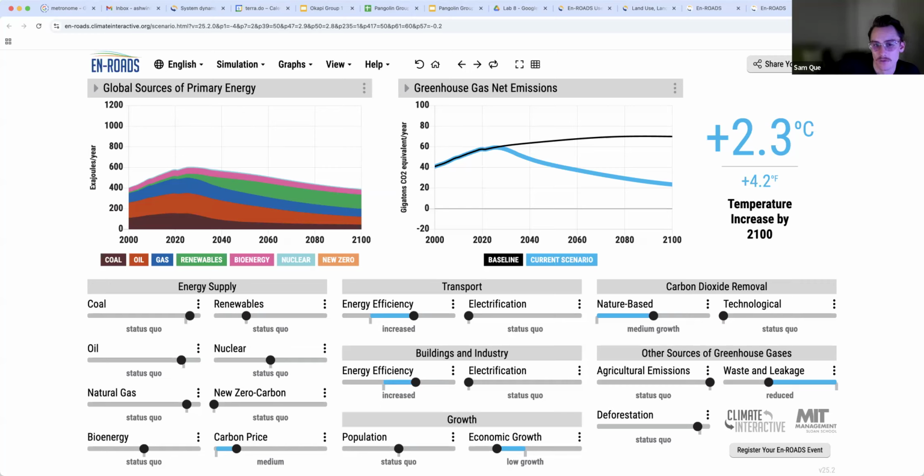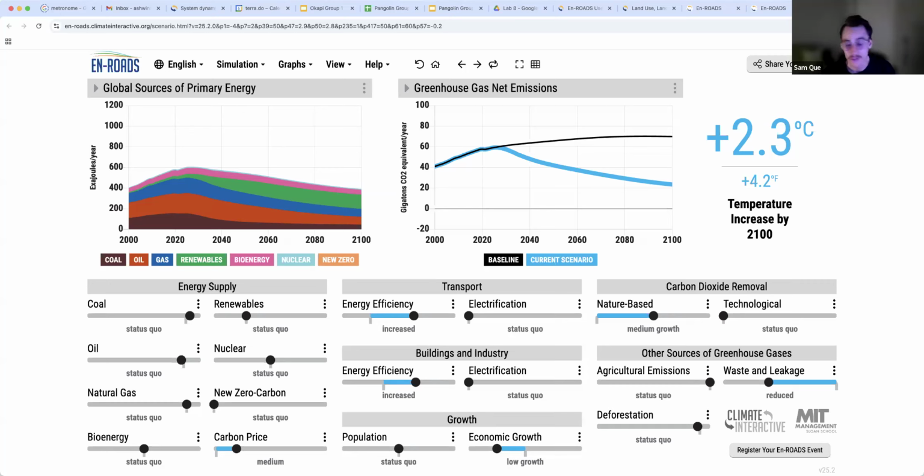But we agreed that a high carbon price just is not achievable, as we've seen in sort of any country. There's no country with the appropriate price on carbon, and there's lots of countries like Australia where governments have been tossed out because they've tried to implement a carbon price. So that's why we went with medium instead of high.